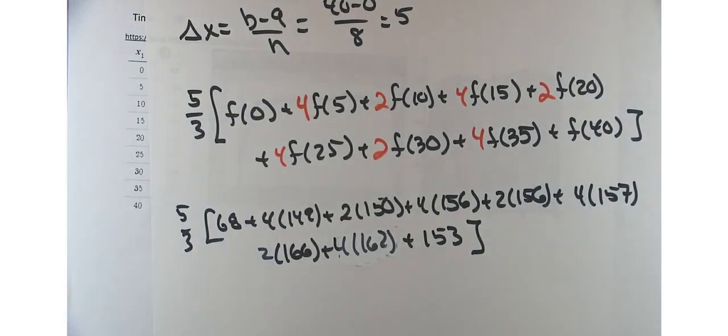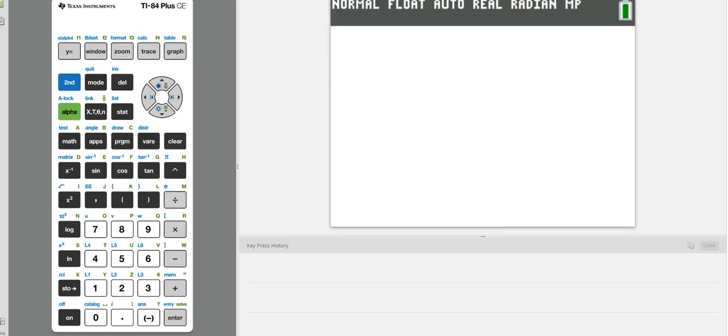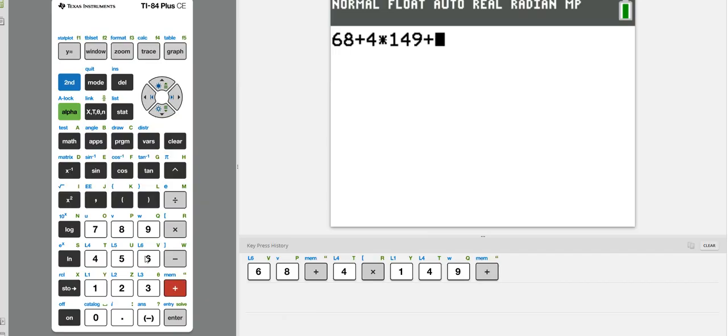Okay, let's bang this one out. I'm just going to do the inner part first. So 68 plus 4 times 149 plus 2 times 150. Could have put 300 in, I guess.